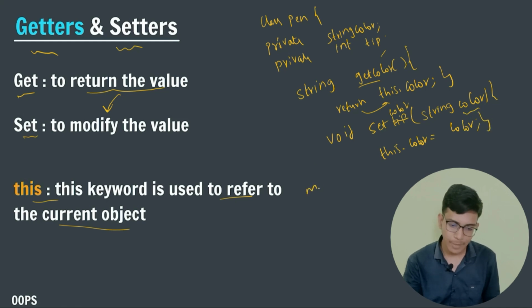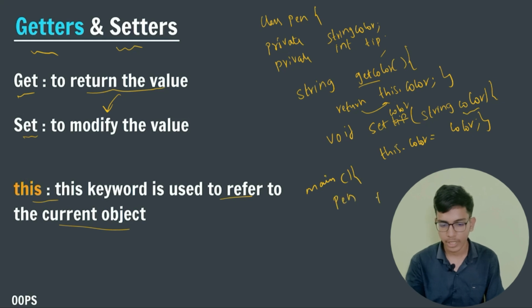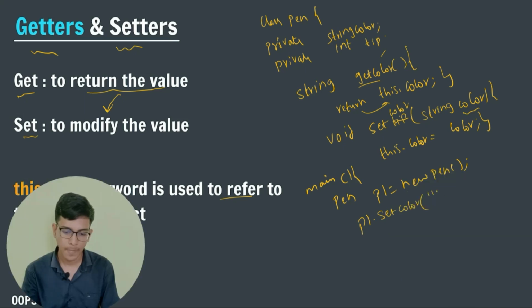And in the main program, I am creating an object p1 equal to new Pen. After that I am setting my pen color, p1 dot set color, blue. After that I am printing system dot out dot print, p1 dot get color.